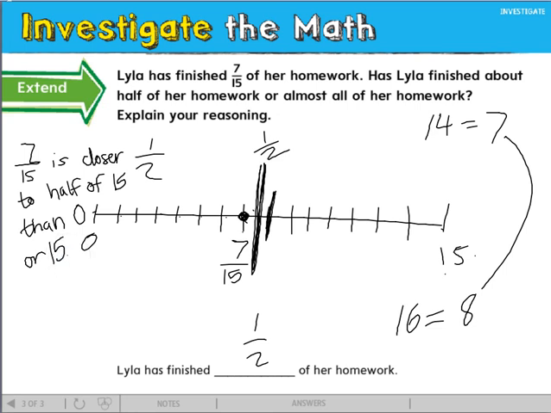So it's closer to half than 0 or 15. Okay? So that's our reason. Why did she finish about 1/2 of the homework? Because 7 is closer to 7.5, which is half of 15, than it is to 15 or 0.